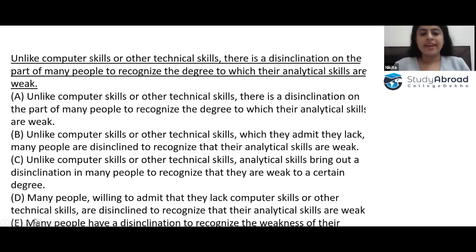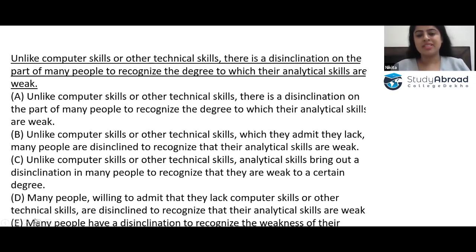You have to provide the right language, and the language should be assessed from each and every aspect, from the aspect of coherence, maintaining parallelism, and from each and every grammatical aspect as well. So there are so many things that you are supposed to take care of while solving your sentence correction questions.